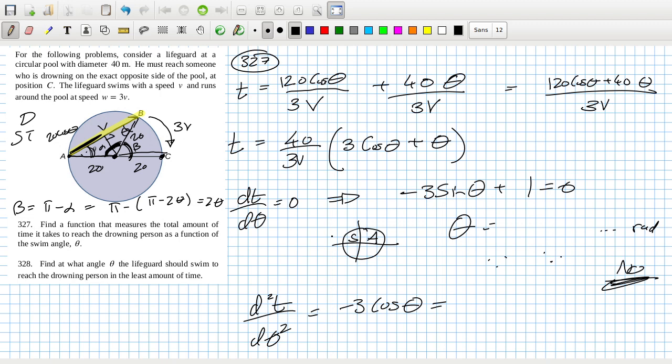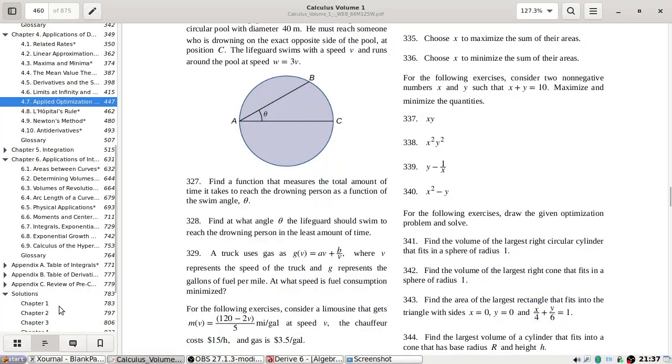No, that's too big. Okay, 0.3398. Let's check the answer at the back.